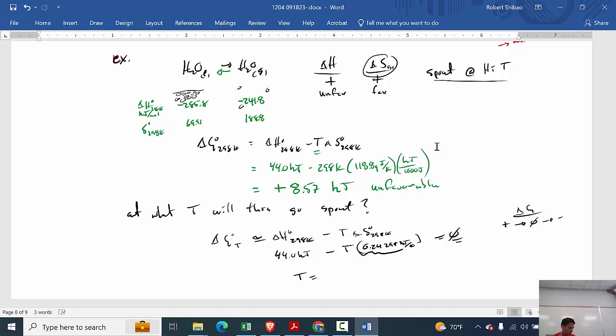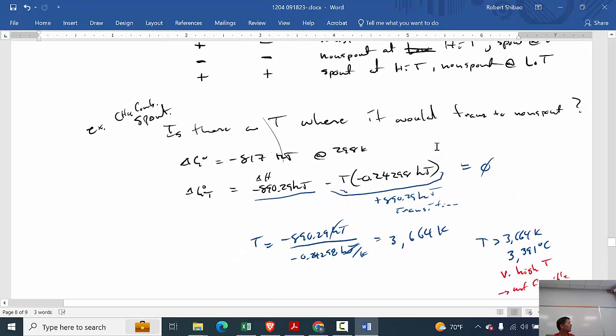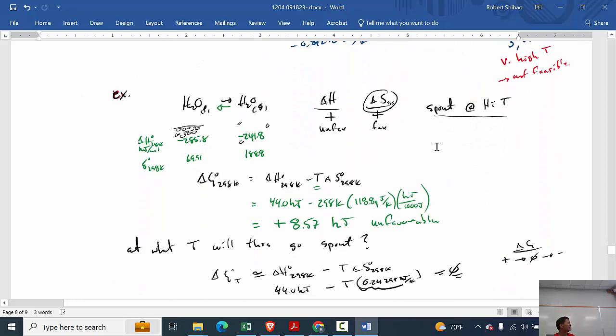Let me try that again. 44 divided by 0.24298. I think you're using the old delta S, the first reaction. Oh, that's right. I need to calculate the new delta S. I was trying to be lazy and not do it. It's 118.